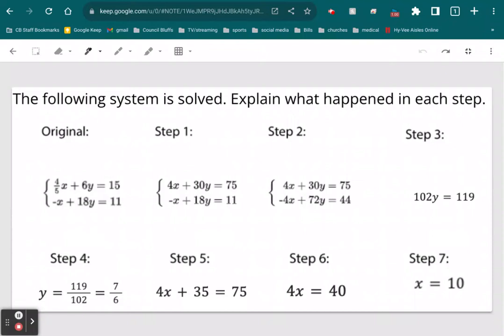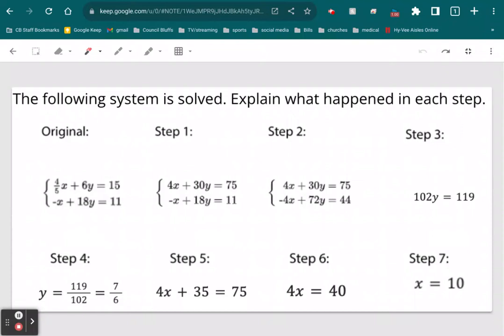We have a system of equations right here that has been solved for x and y, and it's been solved using the elimination method, and we're going to go back and see if we can figure out what happened in each step. So let's take a look at step number 1. Here we have 4/5 x plus 6y equals 15, and negative x plus 18y equals 11.